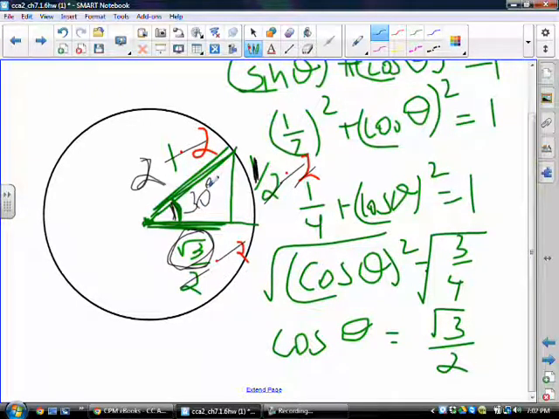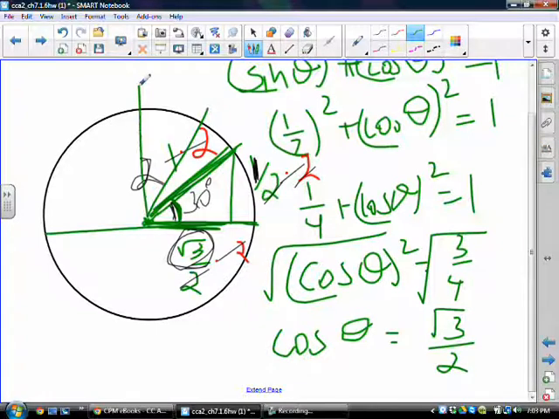Now I know the angle was 30 degrees, but how do we express that in radians? Think about my circle. If I split up the top half of the circle into equal 30-degree pieces, that doesn't look like 30, but it's supposed to be, I'm going to have 6 pieces total.